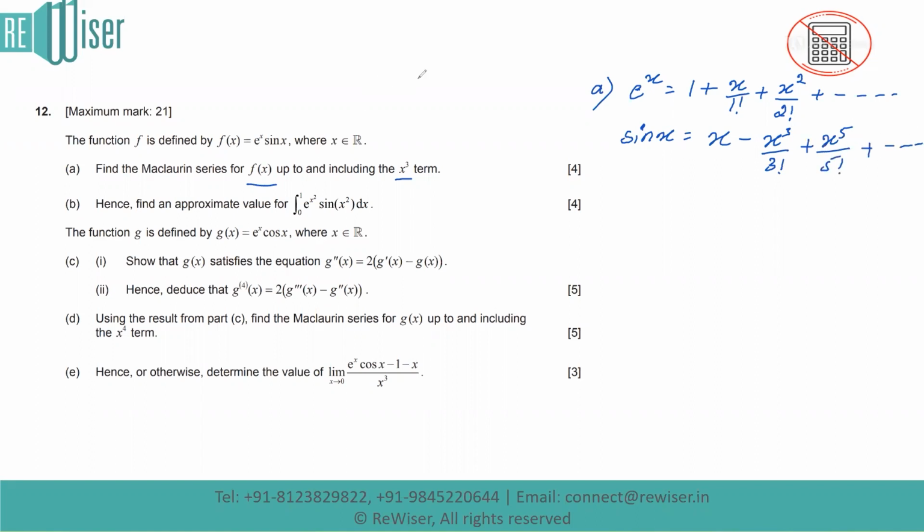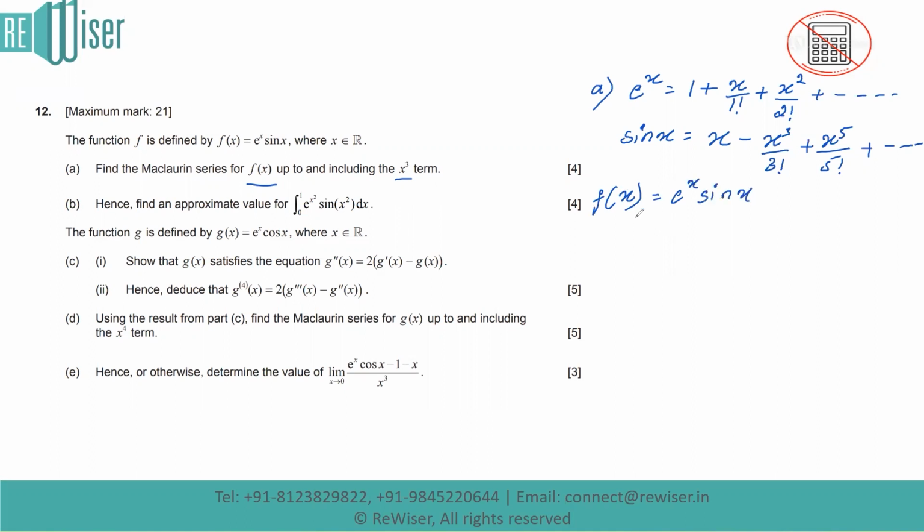Now, we need to find out the Maclaurin series for e power x times sin x, including the term x cubed. And you need to find it only up till the x cubed term. So in that case, f of x equals e power x times sin x.